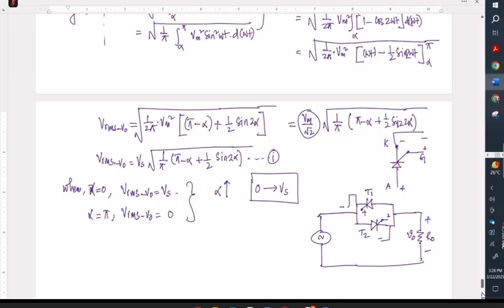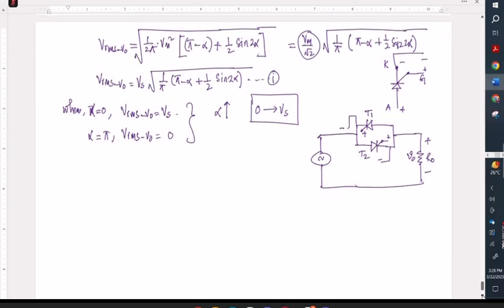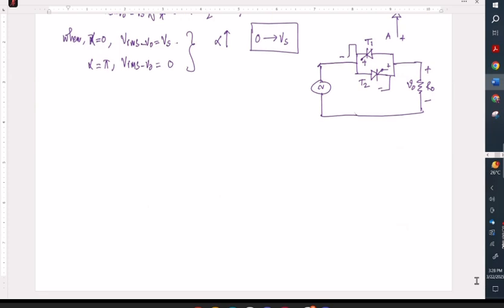So how can we overcome this? We can modify this circuit with two thyristors connected with two diodes. Suppose we have a circuit like this. We are considering a simple circuit. Suppose this is my source, and then we have two diodes, and another diode.